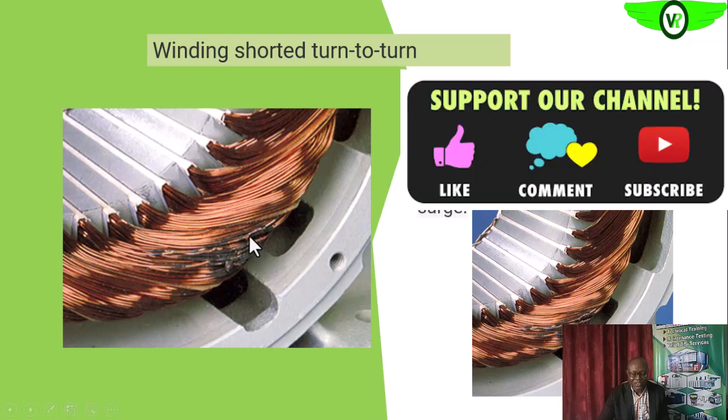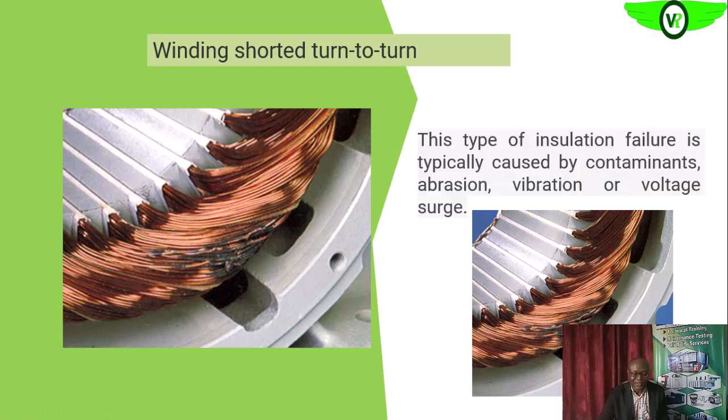Once there is a turn-to-turn short, that will reduce the resistance of that particular coil. Are we getting it? At that point of short, the continuous arcing and the rest can result in the burnout of the winding at that particular spot.